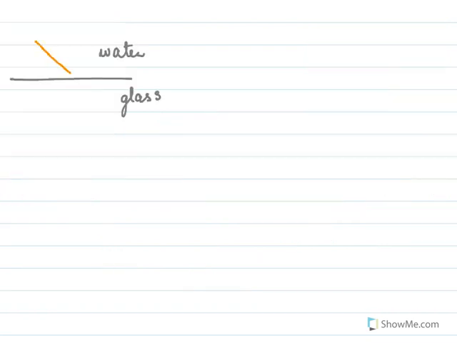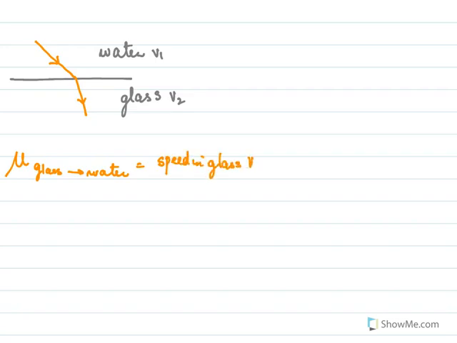Which means if light travels from water to glass, here is speed in water V1, speed in glass V2. So here we would have got the refractive index of glass with respect to water, and that would be speed in water, because it is coming from water, over speed in glass. That is V1 over V2.